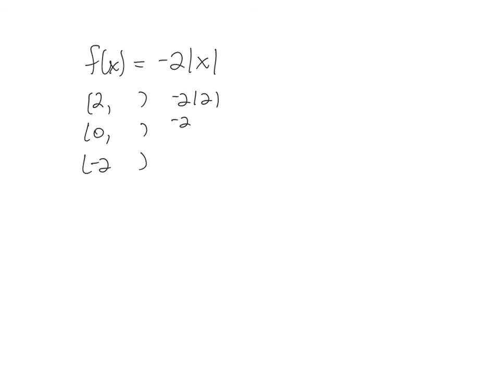The absolute value of 2 is just 2, and that means multiply, and I got negative 4. Okay, and then I'll plug in 0. So negative 2 times 0 is 0. And then I'll plug in negative 2. The absolute value of negative 2 is 2, and I get negative 4 again.